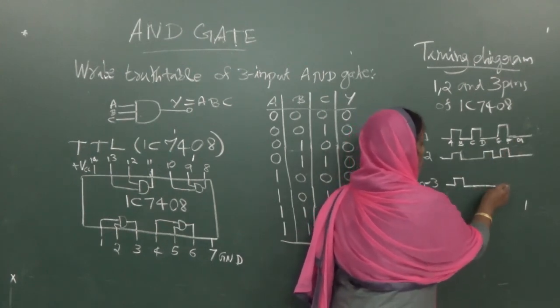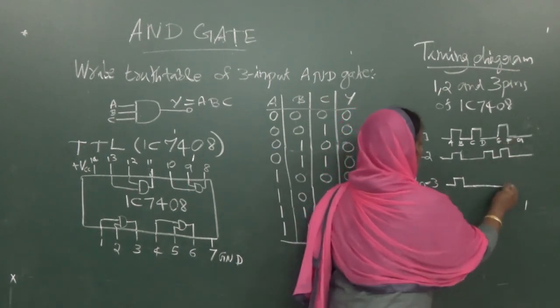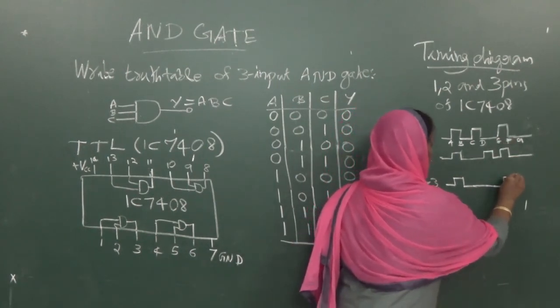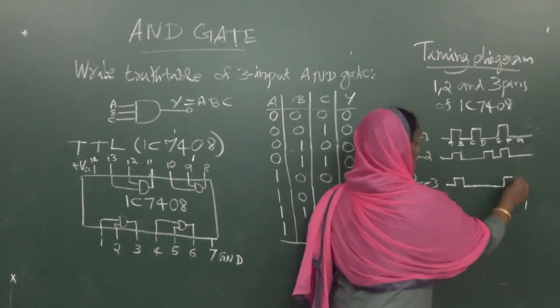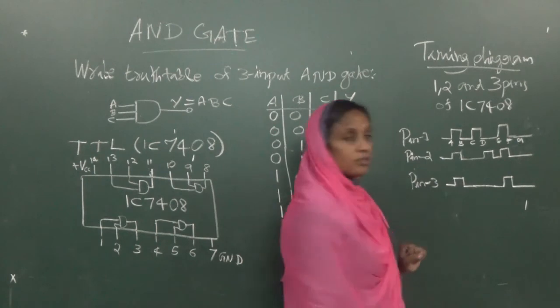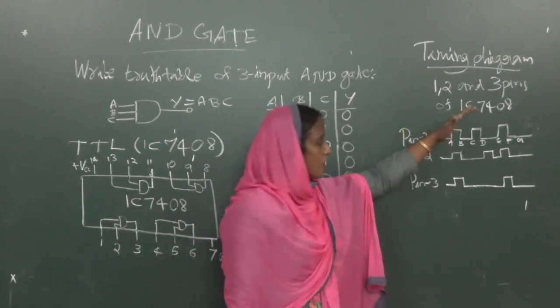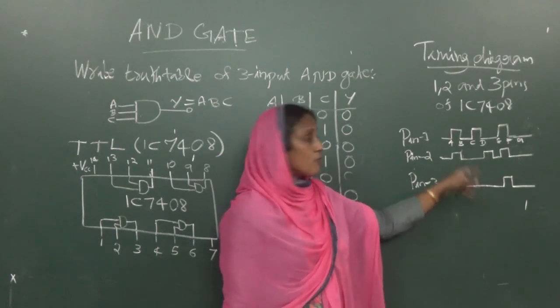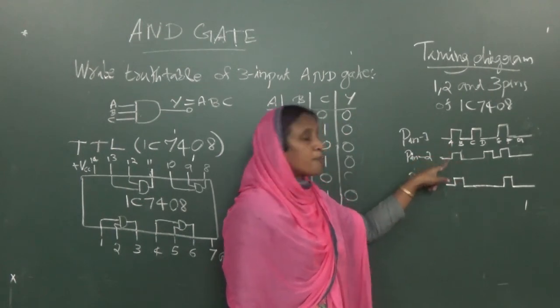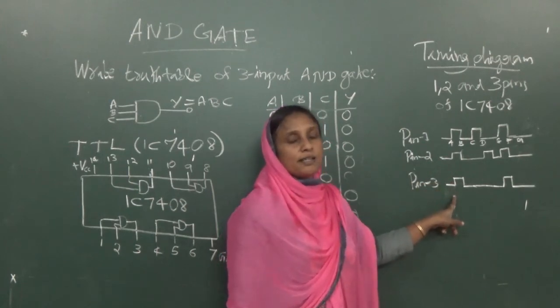Again low and low, so low up to E. Then both are high, so the signal goes high up to this much. Here again the signal goes low. So the timing diagram of the AND gate looks like this. If pin 1 and pin 2 are like this, you have output at pin 3 in this form.